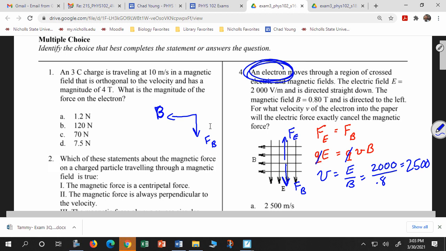That means that the velocity would be into the page, except this is a negative particle, so it's out of the page. If this were a positive particle, the velocity would be into the page. Let me just double check that. No, that's not right. It would be out of the page, right? You got that? Out of the page?